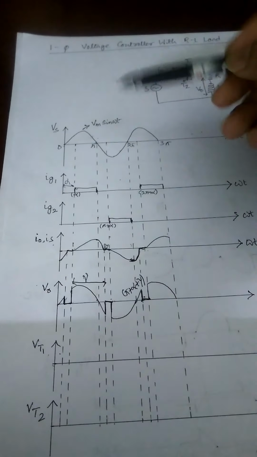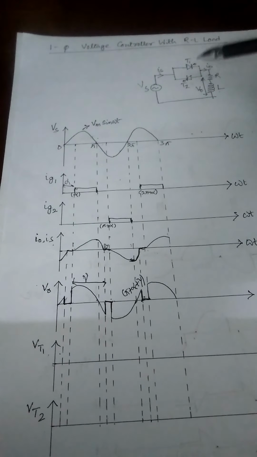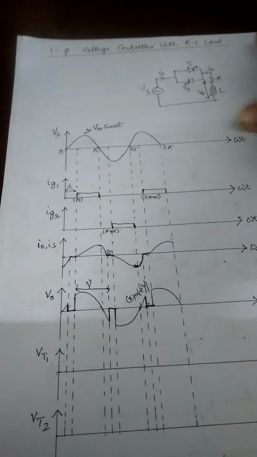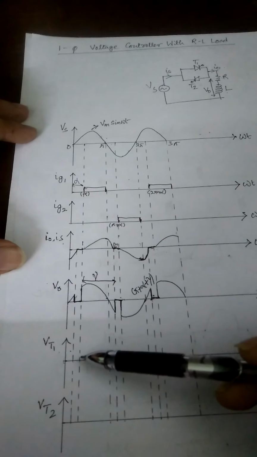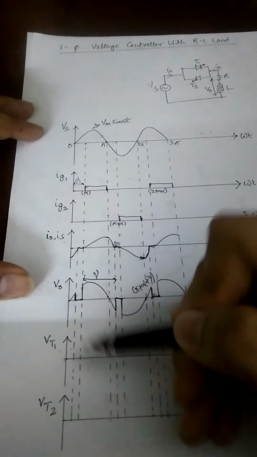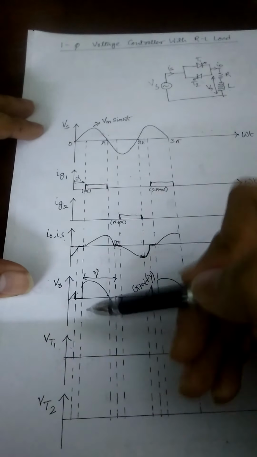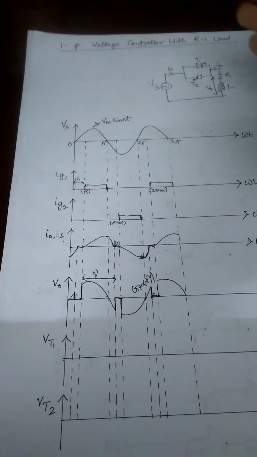So as the supply voltage goes from 0 to pi, the T1 thyristor is in forward biasing mode. Until the T1 thyristor is triggered and in conducting state, the voltage across thyristor 1, that is VT1, follows the nature of the supply voltage Vs.